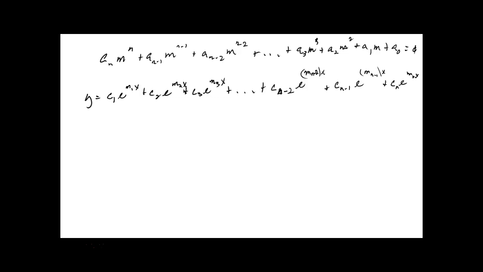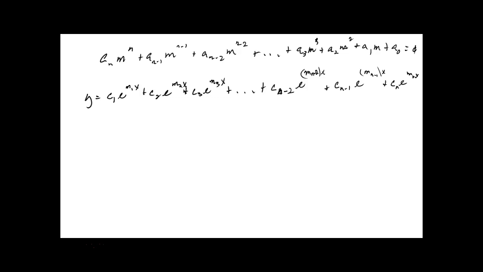Now, that would be case 1, just like we would expect. But case 2: remember if you have n possibilities here, what if you have some of those as duplicate roots?